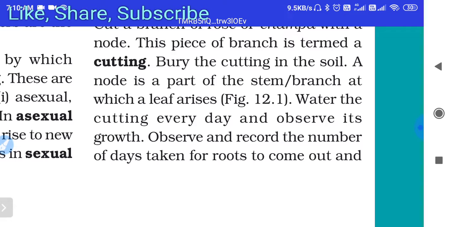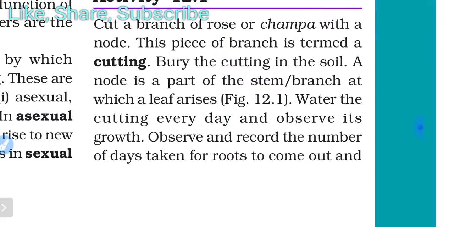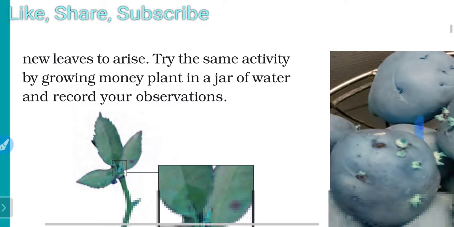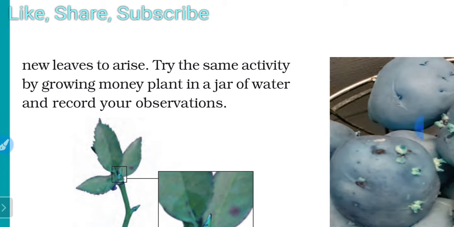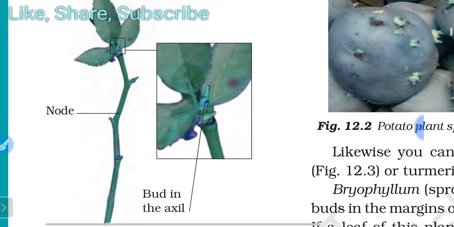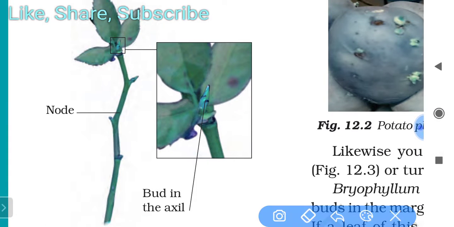Water the cutting every day and observe its growth. Observe and record the number of days taken for roots to come out and new leaves to arise. Try the same activity by growing a money plant in a jar of water and record your observation. So you can see that when you put a stem cutting of rose in the soil and water it regularly, it shows growth and a new stem will arise from these nodes.